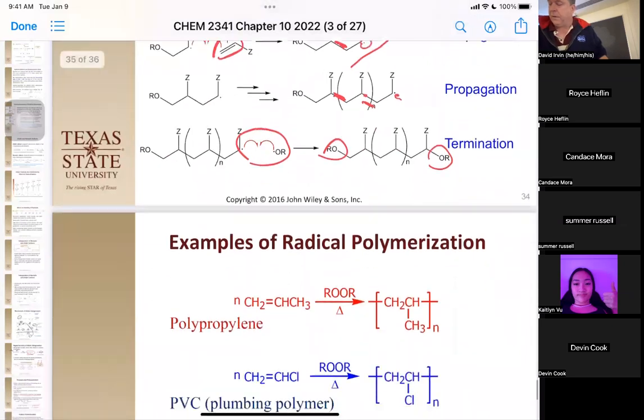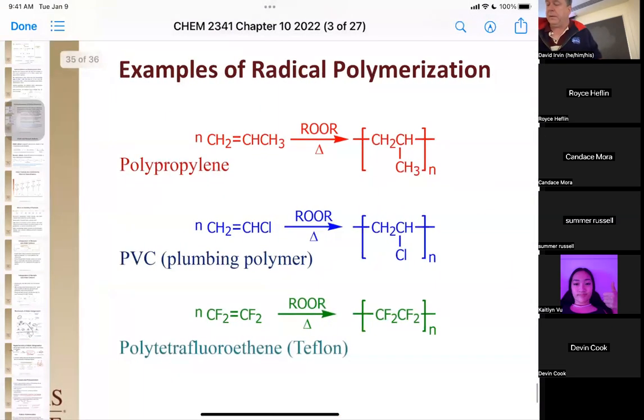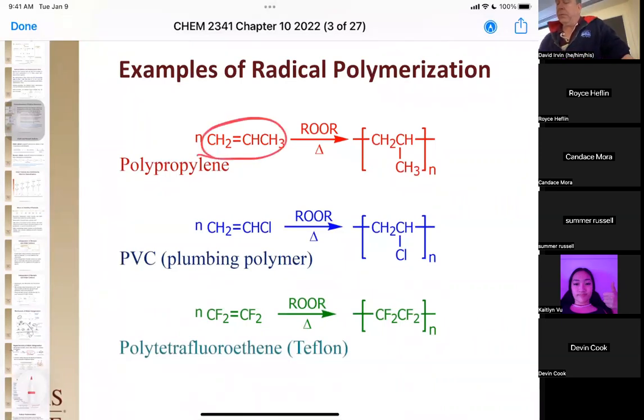All right, so let me show you a couple polymers and I want to tell you about them. Again, they're all polymerized the exact same way. And this one right here, the most simple, would be ethylene. And it would just be this right here. And if you take the ethene right here, or the trade name is ethylene, and you polymerize it, you get polyethylene.